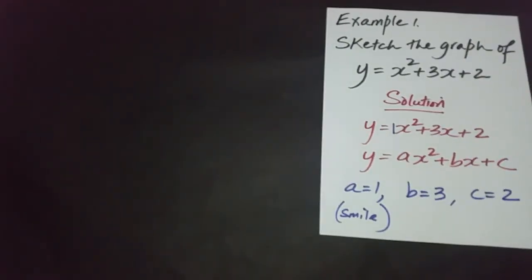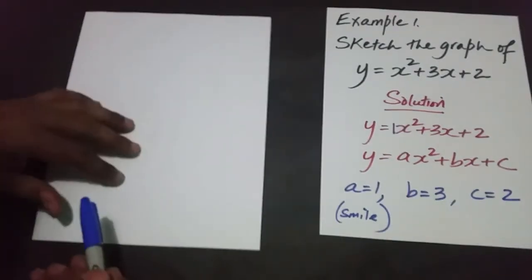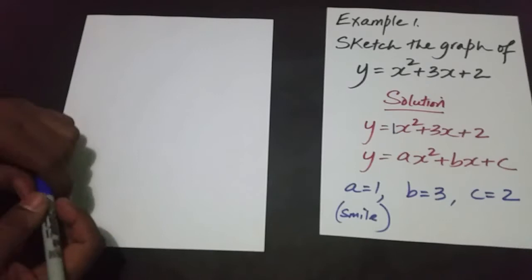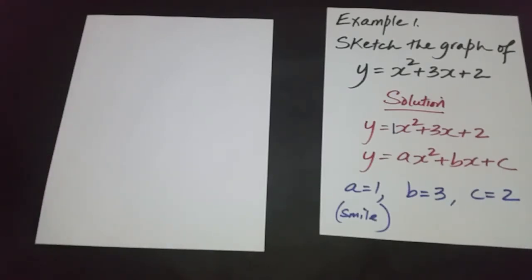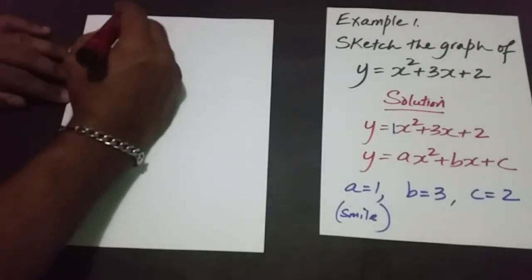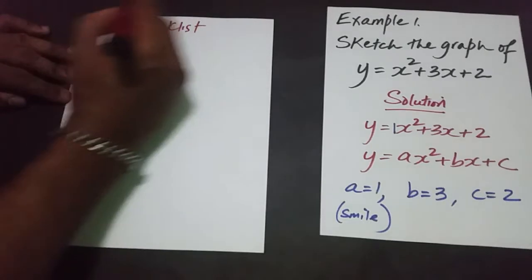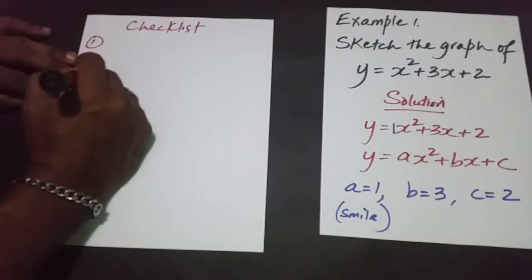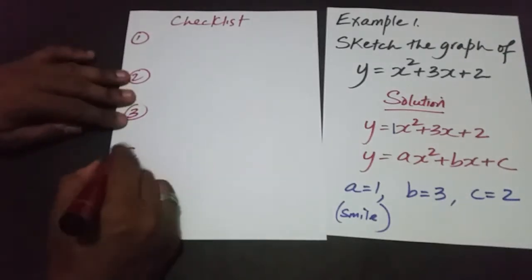All right, so I have a, so I found one thing already. As a matter of fact, I'm going to have a checklist of items. So a, my checklist of things that I've found, and I need to know 5 things: 1, 2, 3, 4, 5.